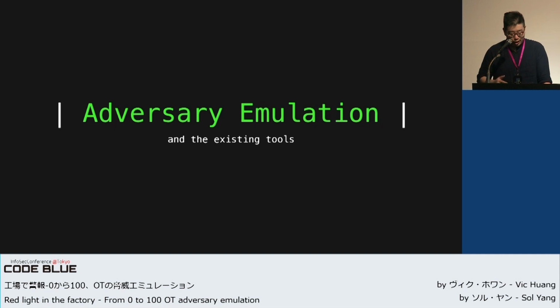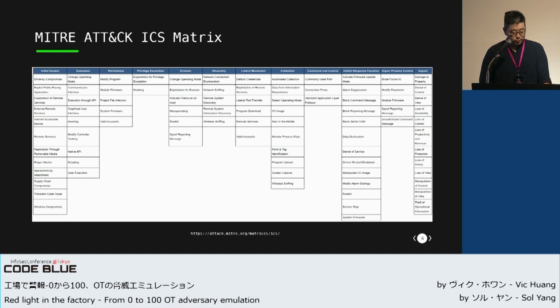And then I will introduce adversary emulation and the existing tools. First, this is the MITRE ATT&CK ICS matrix. It's similar to the ATT&CK matrix, but it focuses on ICS attacks.